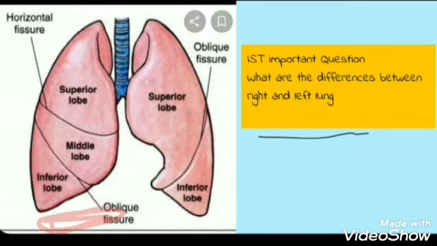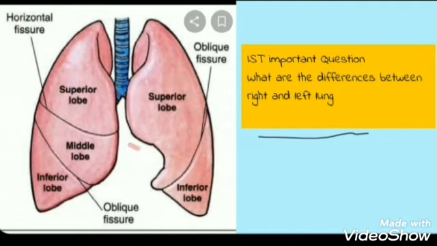To make space for the liver, the right lung is shorter compared to the left lung, whereas the left lung is longer and narrower, and the right lung is wider and shorter. It is shorter because it has to make space for the liver, but the left lung is longer because it has to make space for the heart here.